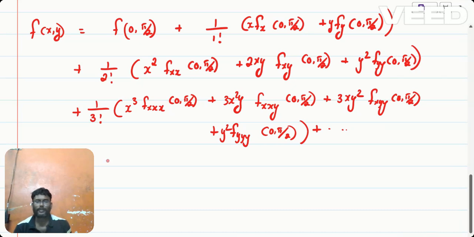f is equal to f of 0 comma pi by 2 is 0 plus 1 by 1 factorial into x. The first derivative with respect to x will be 0 plus y.